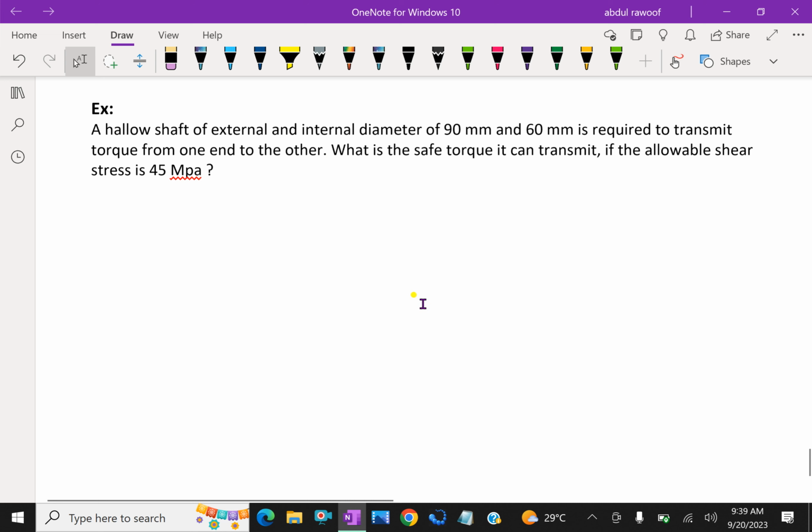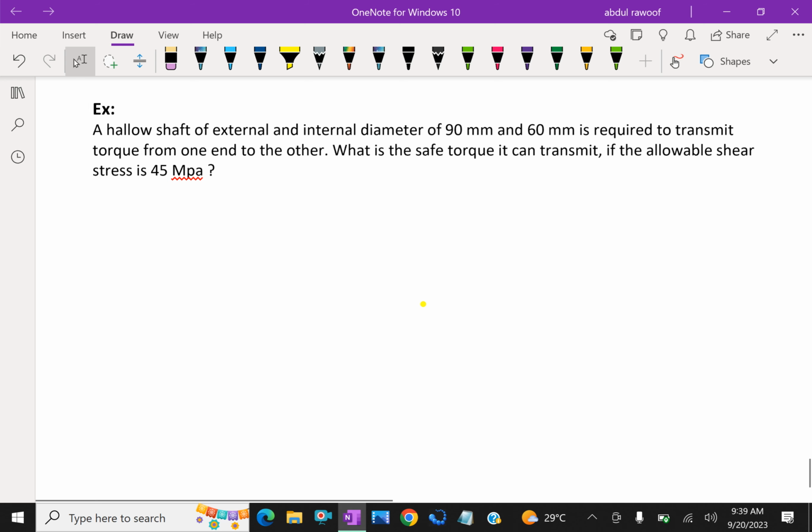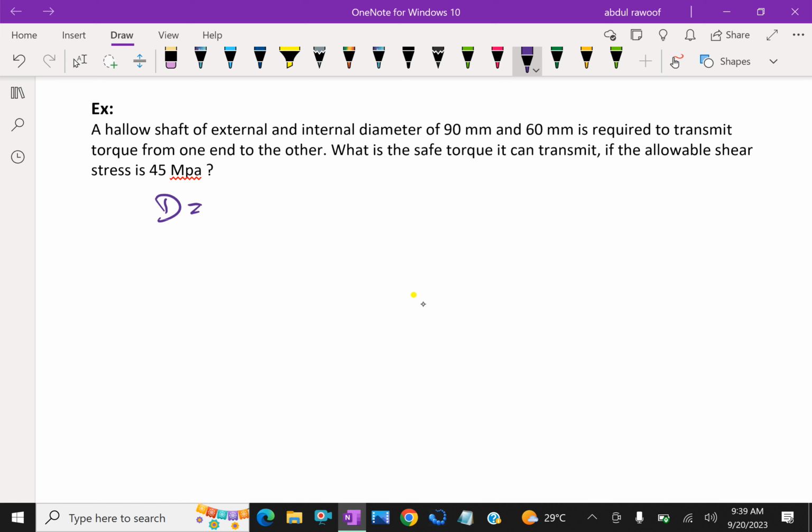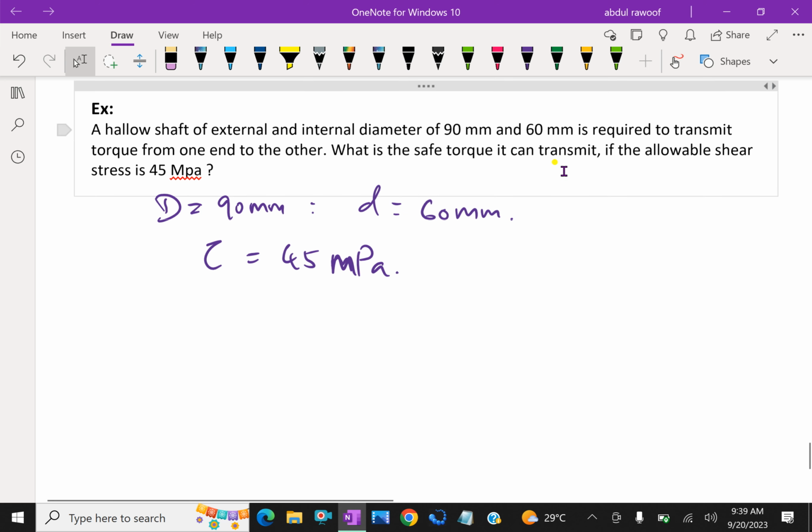Here the outer diameter is 90 mm, the inner diameter is 60 mm, and the shear stress tau equals 45 megapascal. Then apply the result.